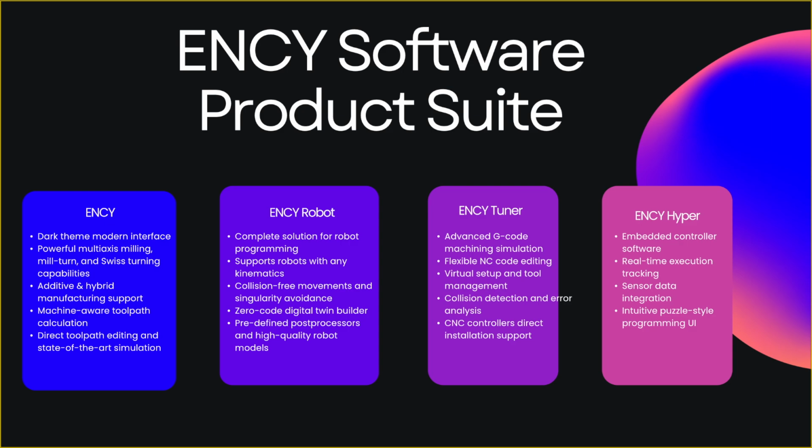So I would say it's the opposite of what a post-processor does. A post-processor takes the commands you have given in your CAM software and generates G code from that. ENCY Tuner does the opposite. It has the G code and it generates the commands and the part. It generates a simulation, and not necessarily the part, but it generates this simulation of the toolpath.